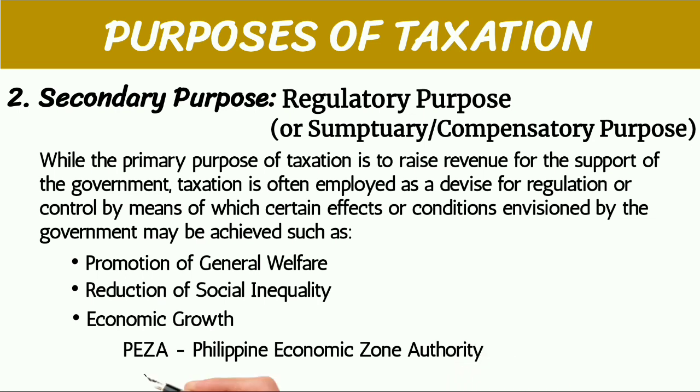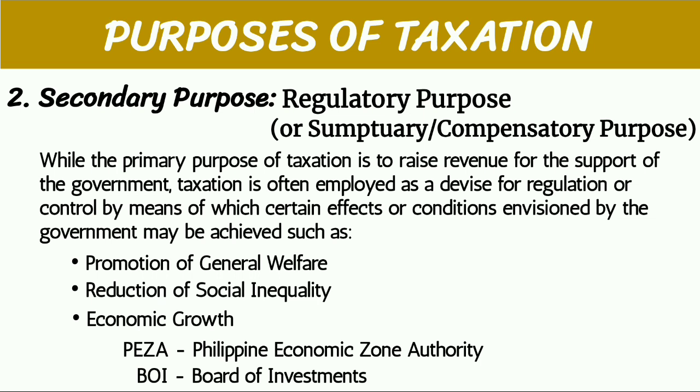At yung mga companies na registered under BOI or Board of Investments. Actually, if you compare their taxes, medyo mas mababa yung kanilang taxes kaysa sa regular taxes ng regular companies. So the objective is actually for economic growth.